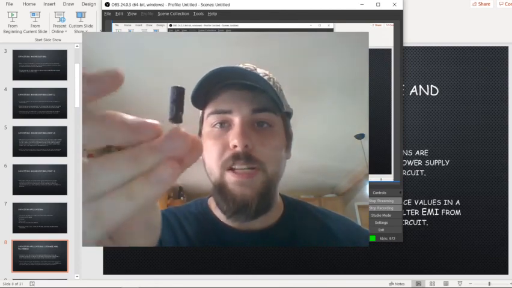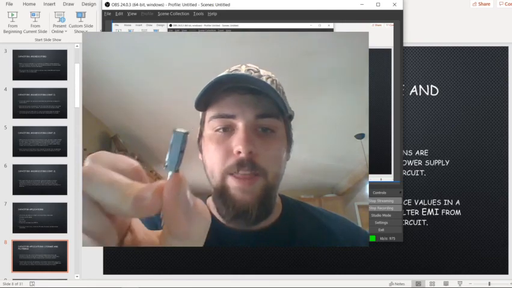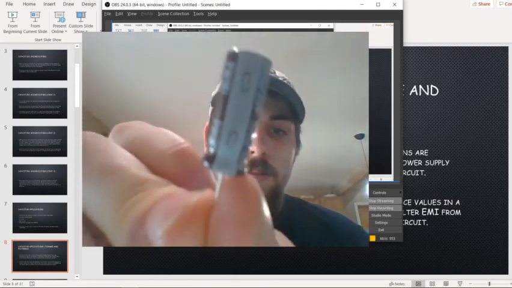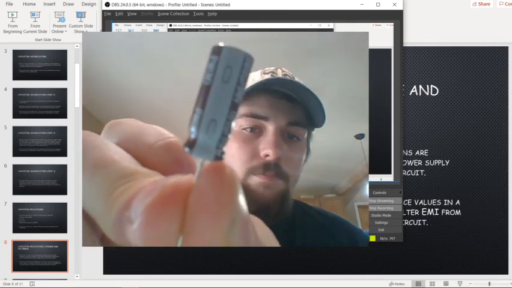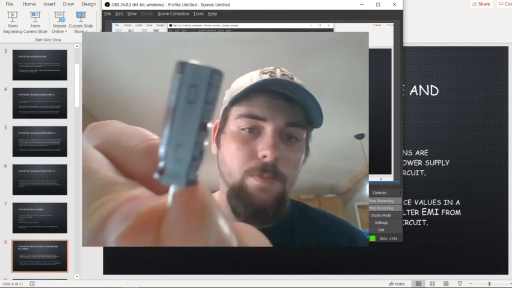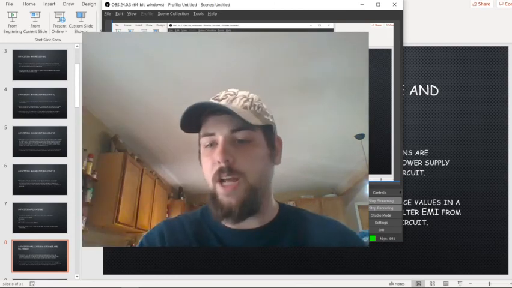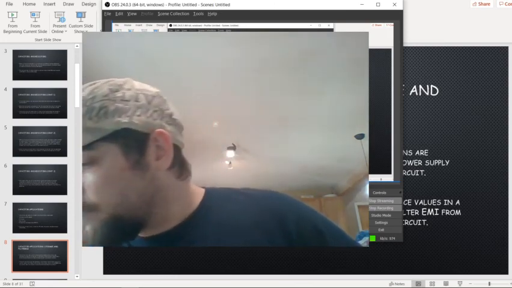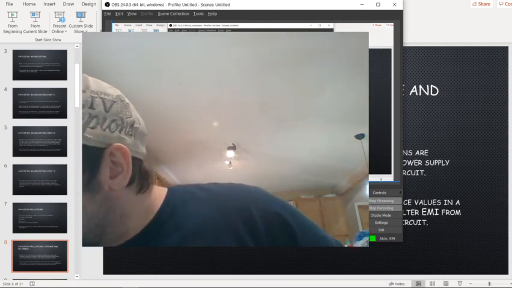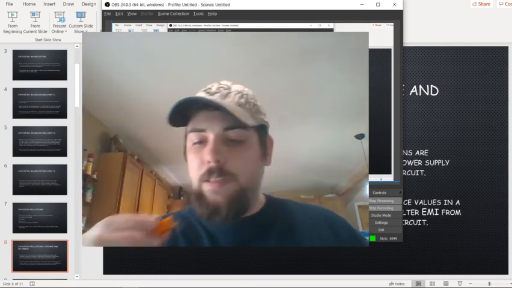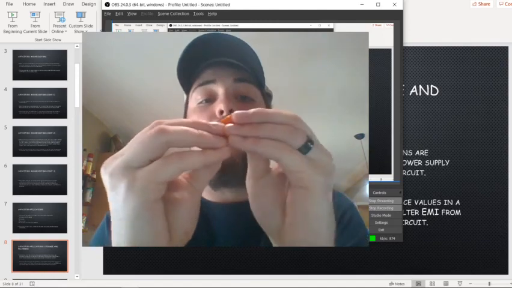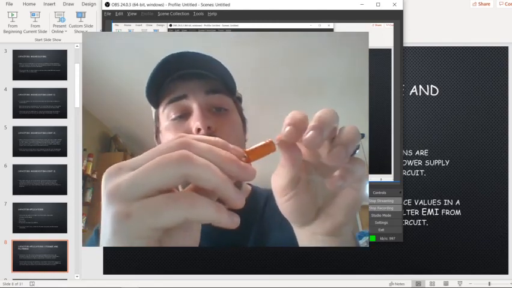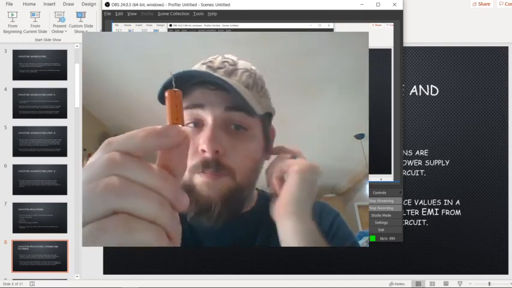So you'll usually see these, and they'll generally have that stripe on the side. And that stripe means negative. That goes to ground, or to the negative side of your circuit, or common. Now, a word of caution here, because this is also the reason why I like this one, because it's an oddball.